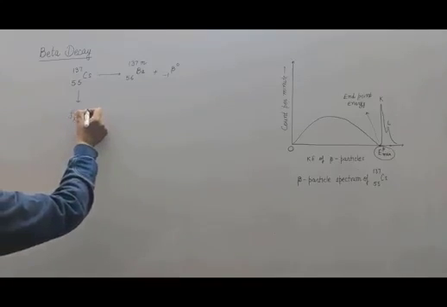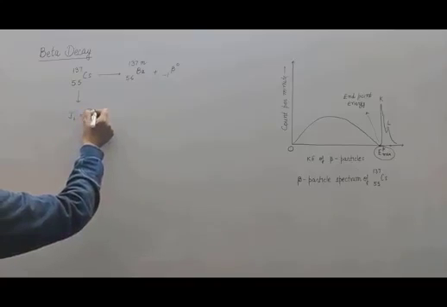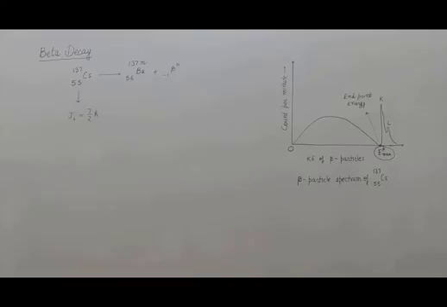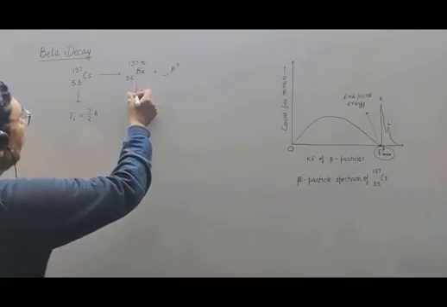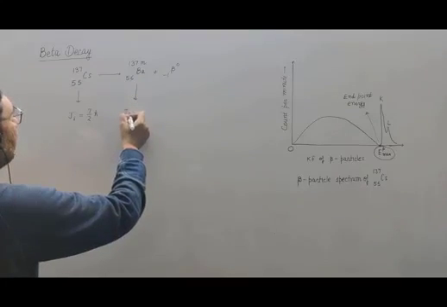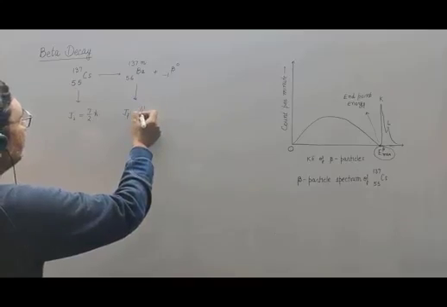So the ground state spin of cesium-137 nuclei is 7 by 2 H cross, while this metastable state of barium-137 has spin 11 by 2 H cross.